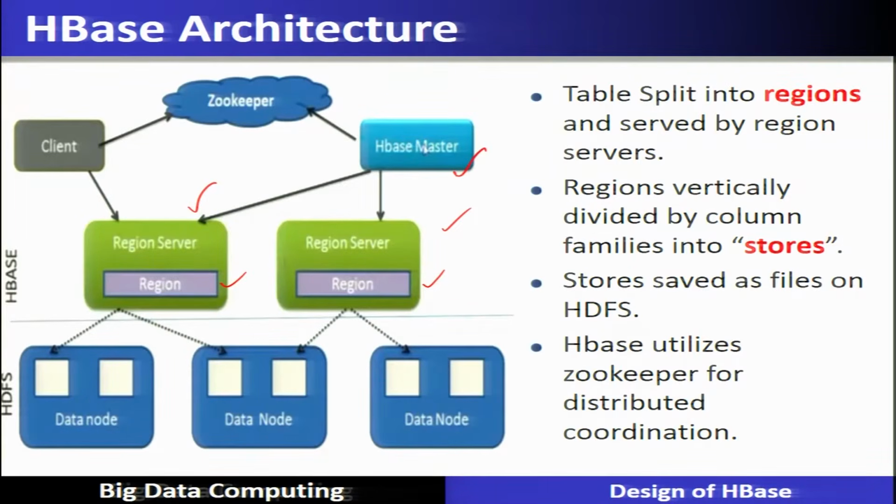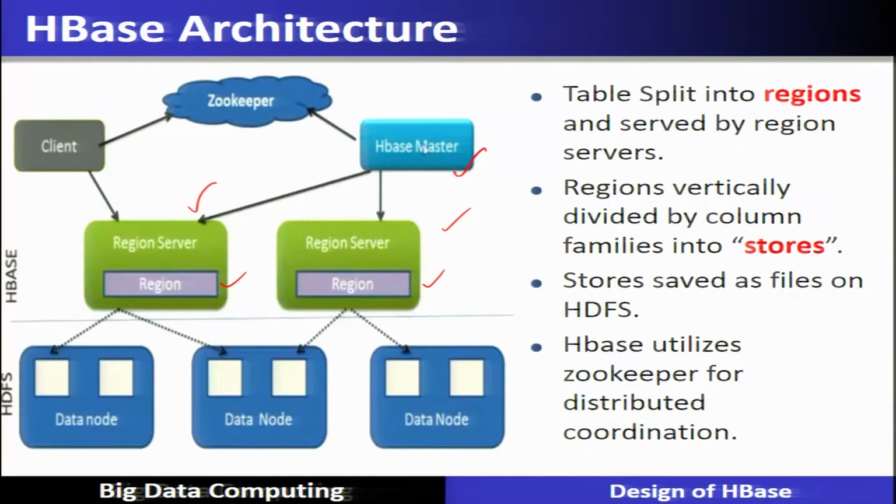ZooKeeper has to interact with the HBase master and all the other components, and HBase also deals with the data nodes. So the HBase master has to communicate with the region servers and ZooKeeper. We will see this in more detail.